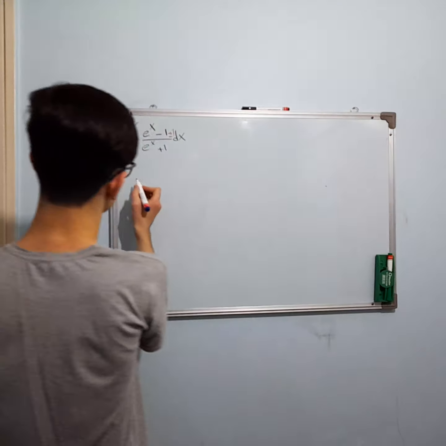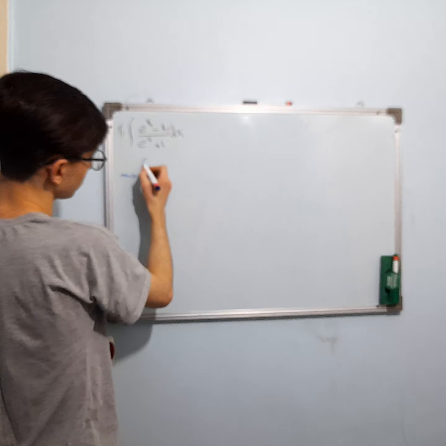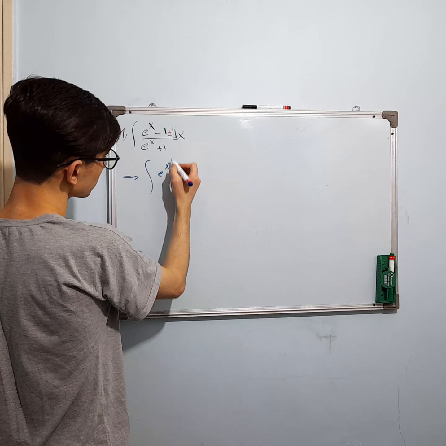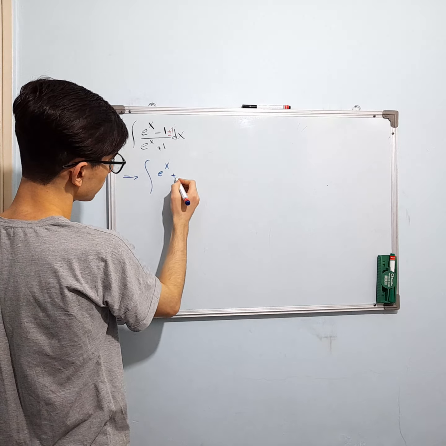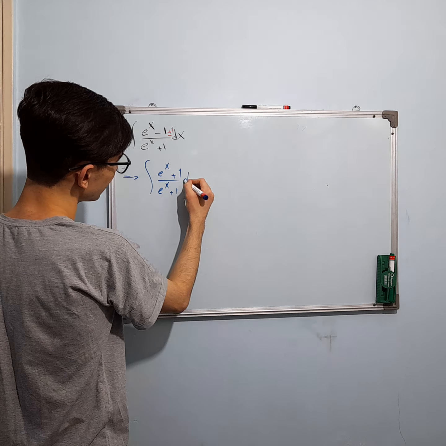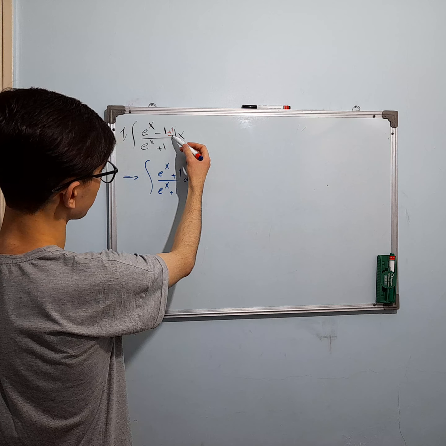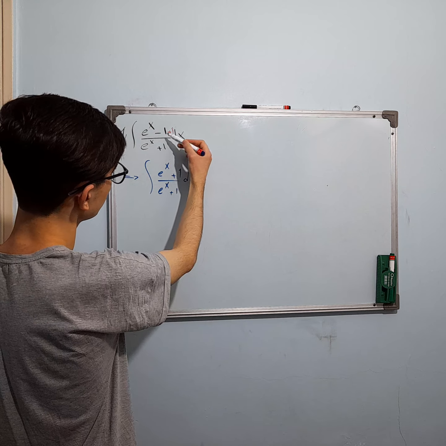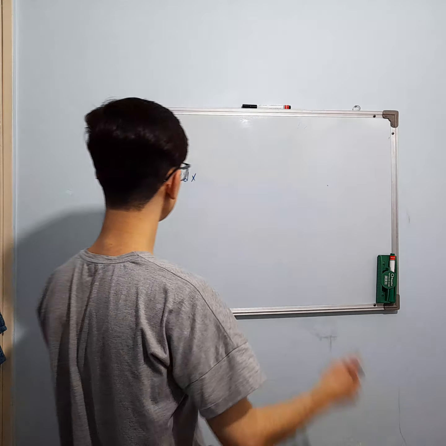How? Like this. See, if we do it, we'll have e to the x plus 1 minus 2 over e to the x plus 1 dx. And now what? We have plus 1 here, and negative 1 becomes negative 2.